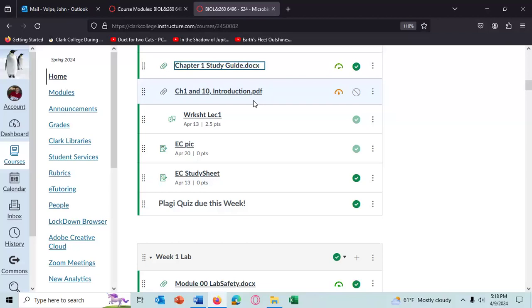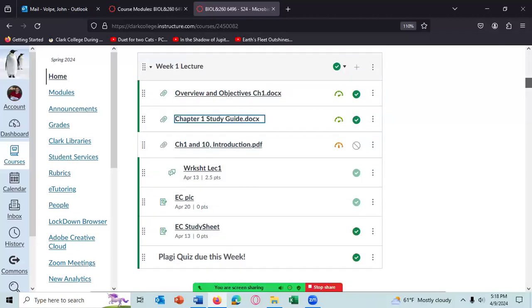So I'm forcing you not to simply print out my PowerPoint. I want you to take your notes and then study from your notes, because you'll do much better if you do it that way than just read my PowerPoint. So I'm actually making myself do more work so that you guys can learn the lesson better.